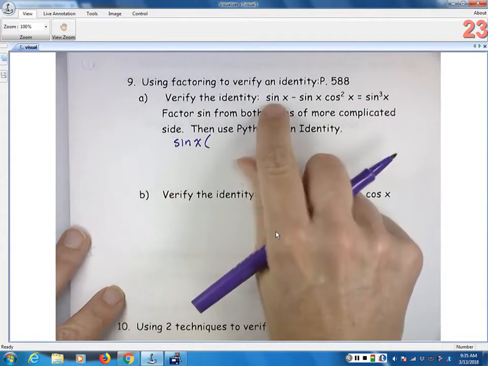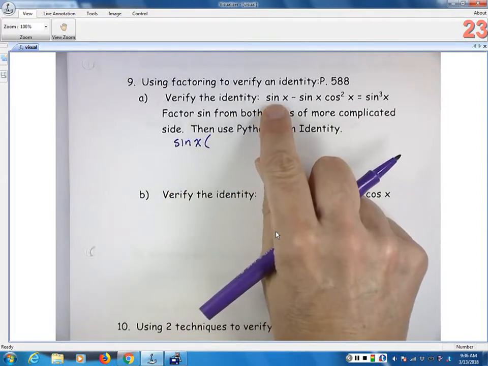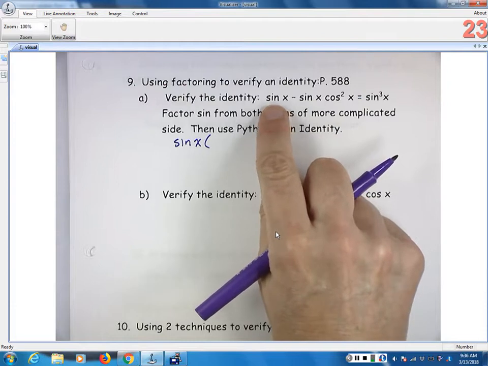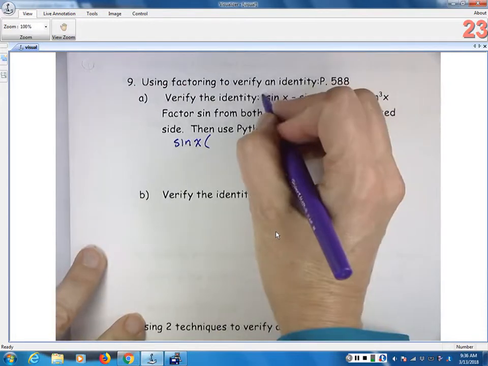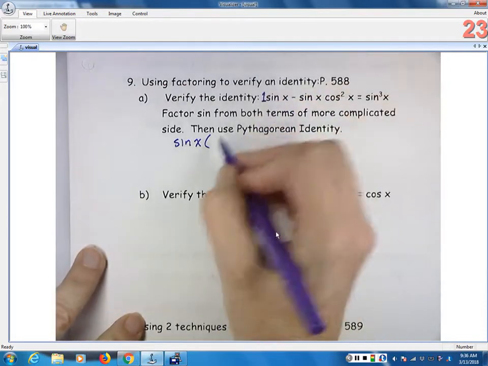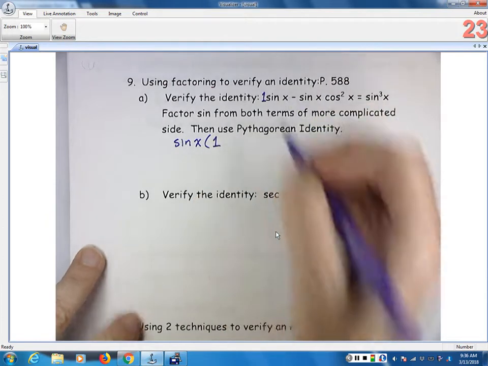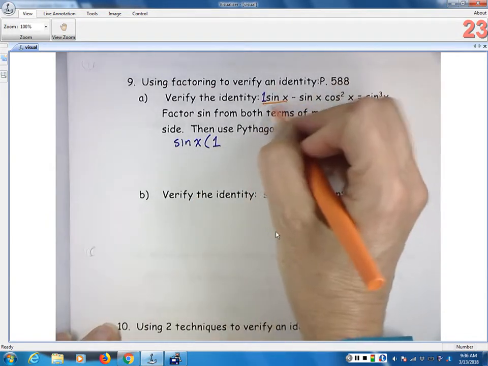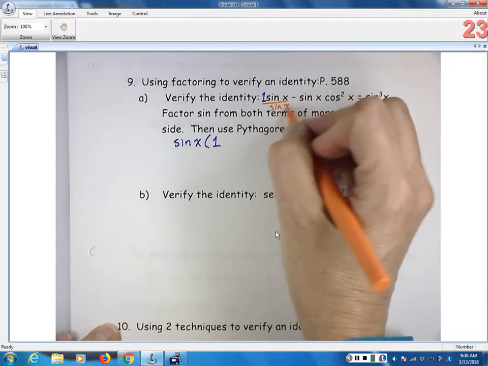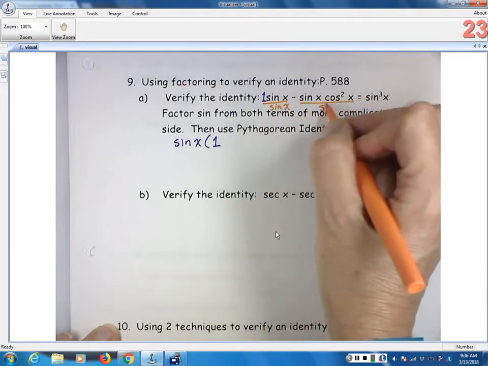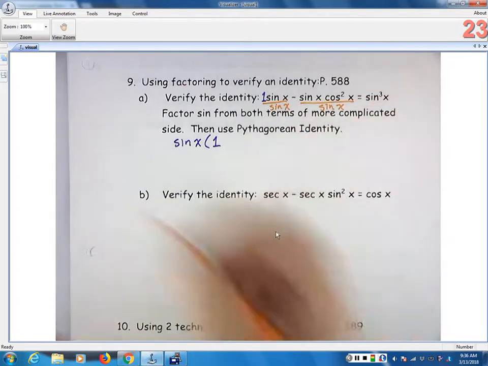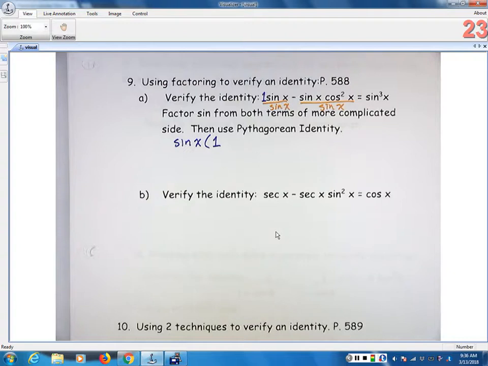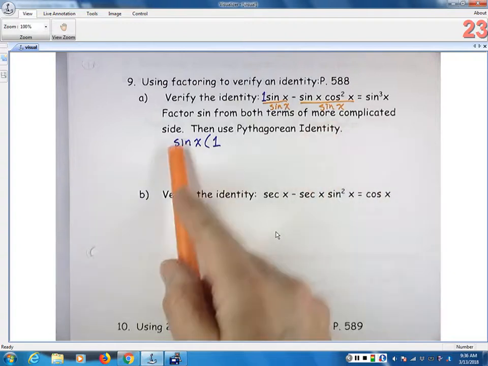What are you left with when you factor a sine x out of sine x? 0. No. 1. There's an understood 1 here. You can think of dividing by sine x if you need to. The factoring out process, you could think of dividing that out and just putting it out here.